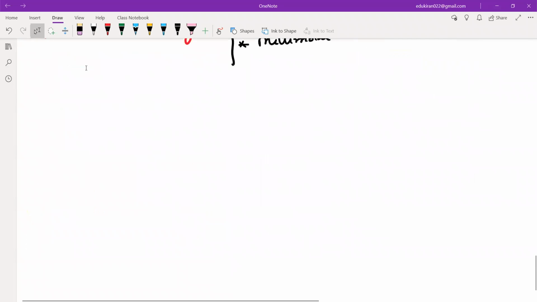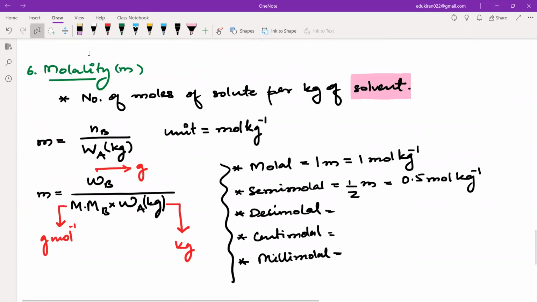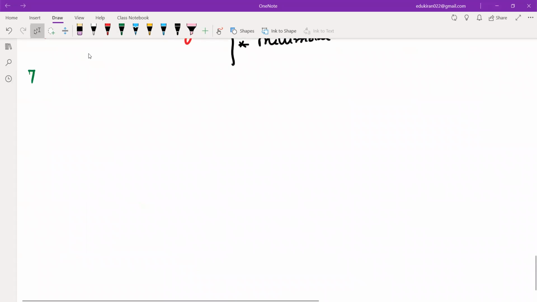Okay, I write the next one, that is mole fraction. We'll discuss mole fraction now. So what is mole fraction?